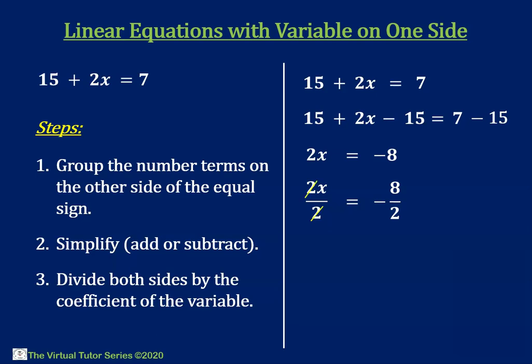And on the right-hand side, 2 into negative 8 is negative 4. Hence, x is equal to negative 4. The solution or root of the equation 15 plus 2x is equal to 7, therefore, is negative 4.